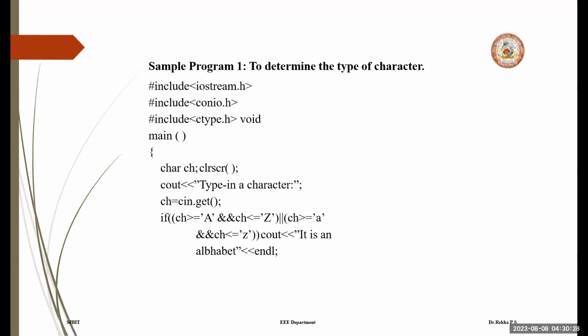So to determine the type of character, we have written a program, you can see here. First, you will type in a character that will be caught by this function cin.get. Whatever key you have entered, if it is greater than or equal to capital A and less than or equal to Z, or if it is greater than or equal to small a and less than or equal to z, it is an alphabet.